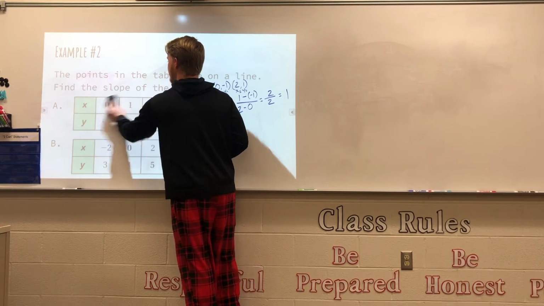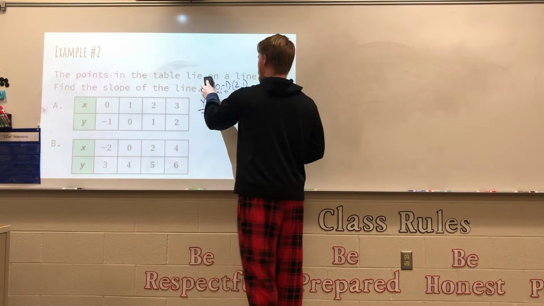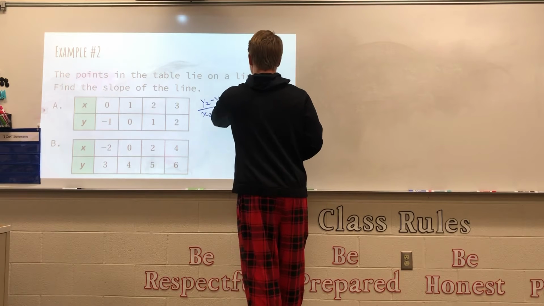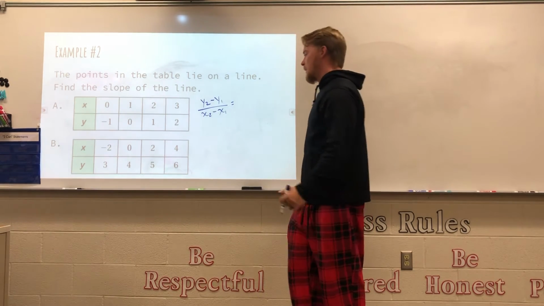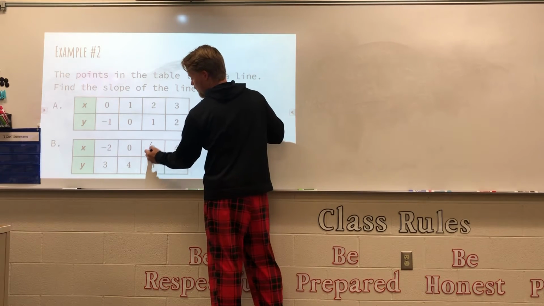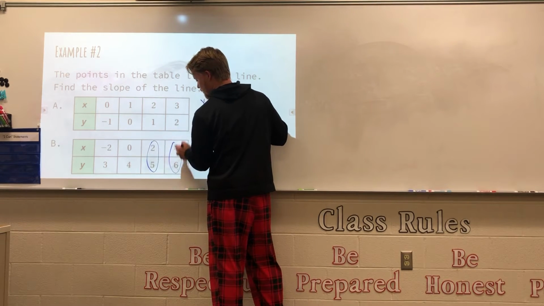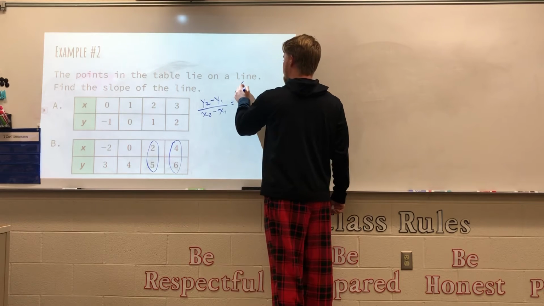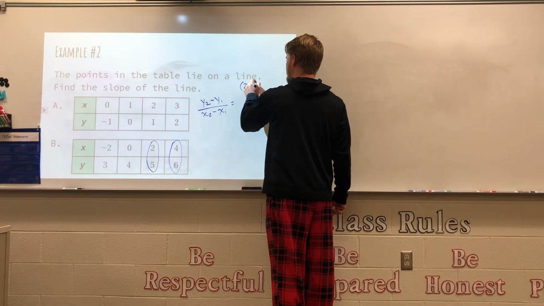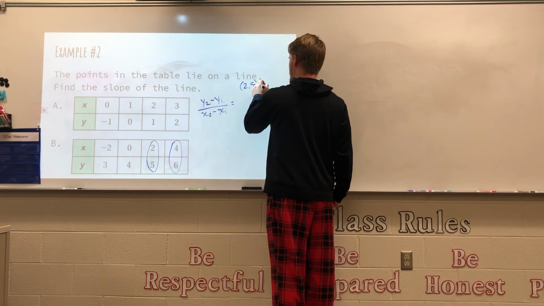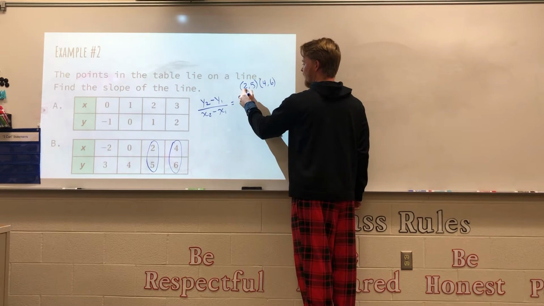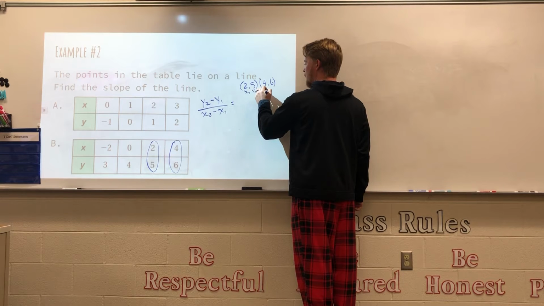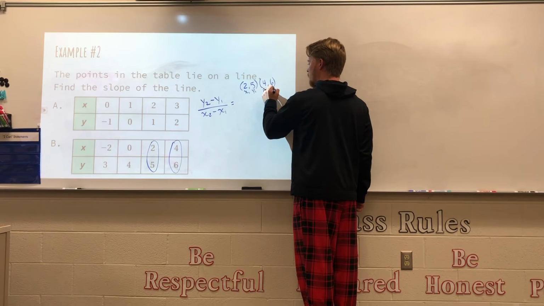Alright, let's look at the second one. Using the same strategy, we pick out 2 points. I'll just choose these last 2, because like I said, it doesn't matter which ones you choose. So we have 2, 5, and 4, 6. So we have x1, y1, x2, y2.